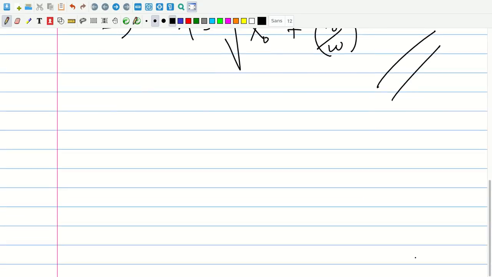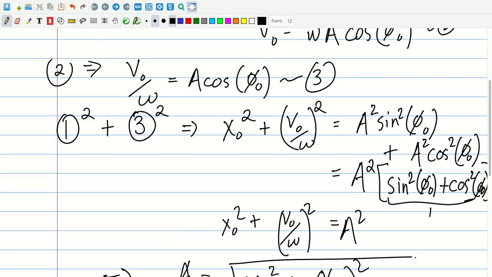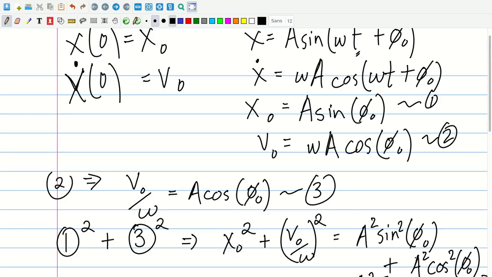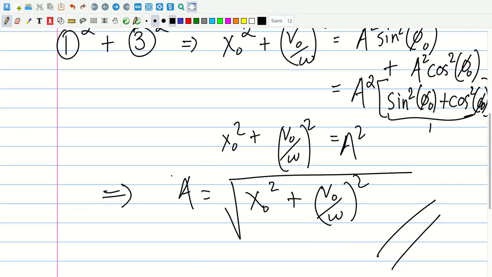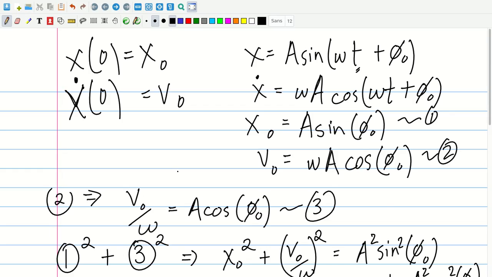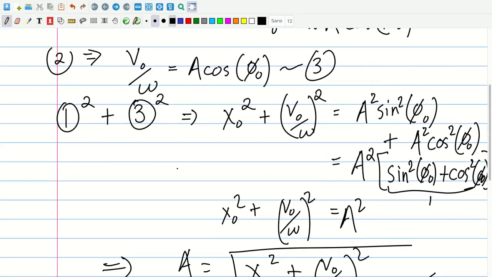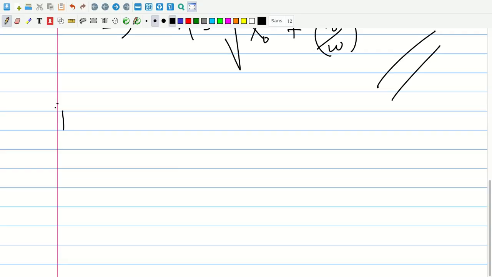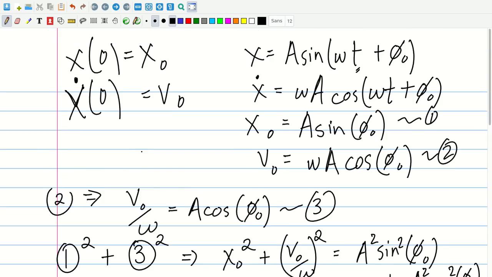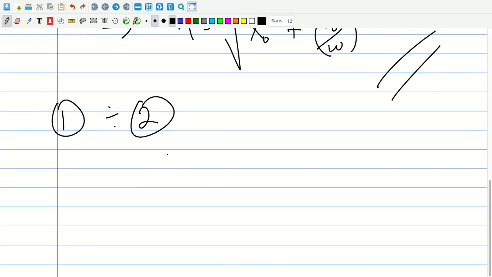And so I can also determine the equation for phi. That's easy. All I have to do is take 1 divided by 2, so it's going to be x naught over v naught.